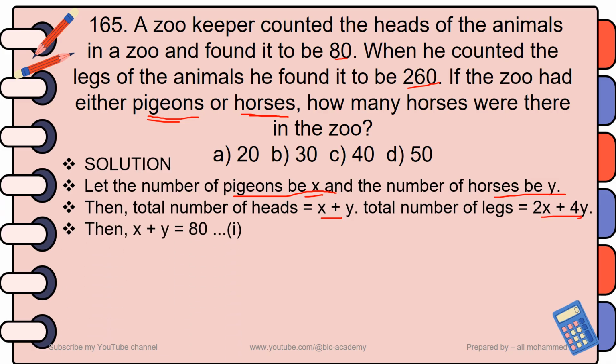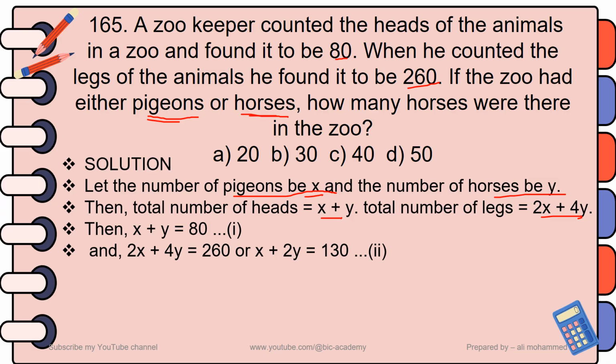So you have two equations: x plus y equal to 80, which is the number of heads, and 2x plus 4y equal to 260. Again, you can divide the whole equation by 2. You get x plus 2y, which is equal to 130, and it is equation 2.